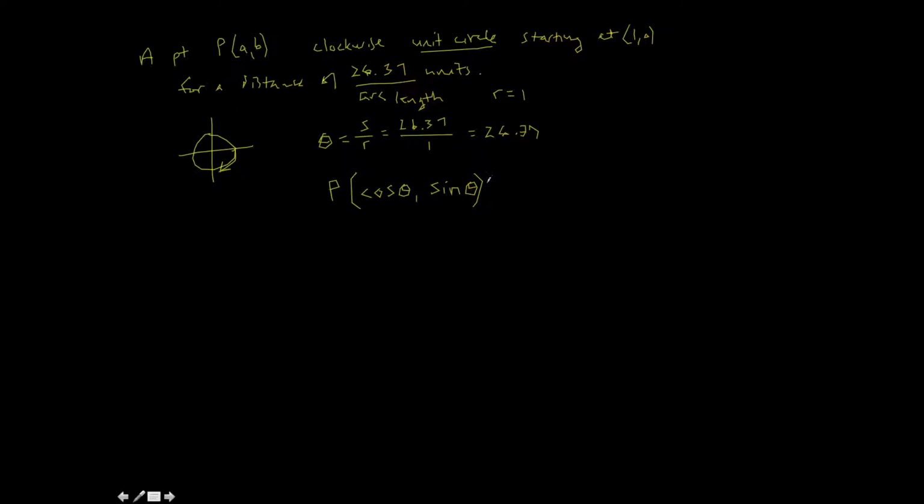So essentially what we're asking is what the cosine of 26.37 is, and what the sine of 26.37 is. This is in radians, so make sure you have your calculator in radians.